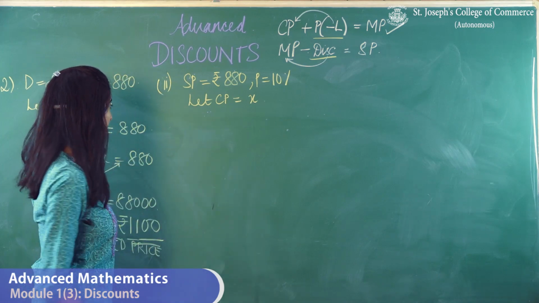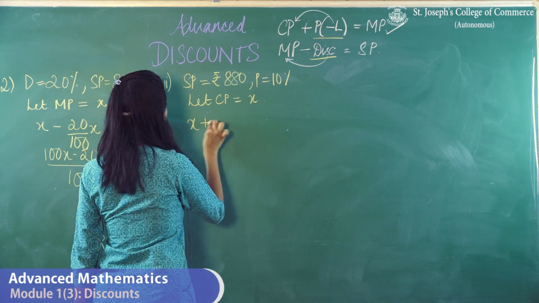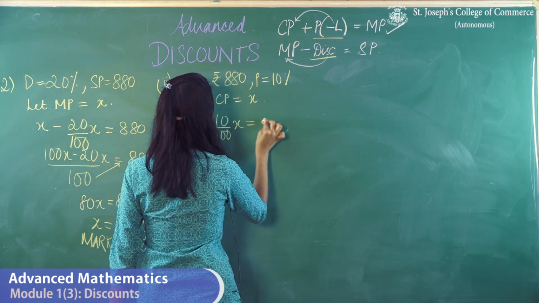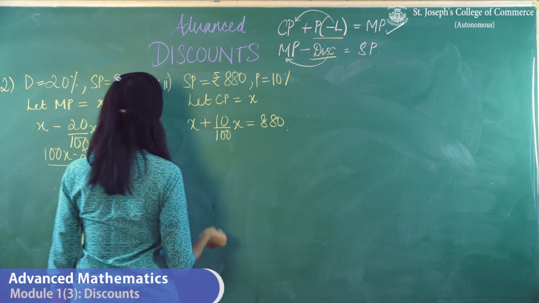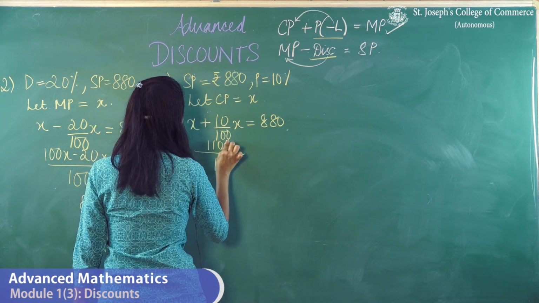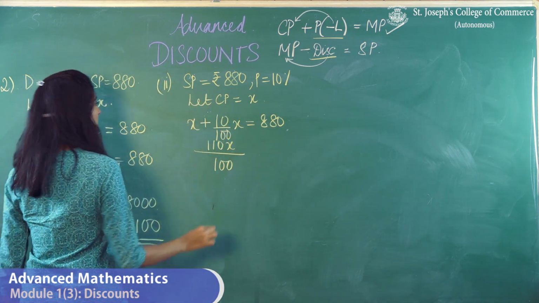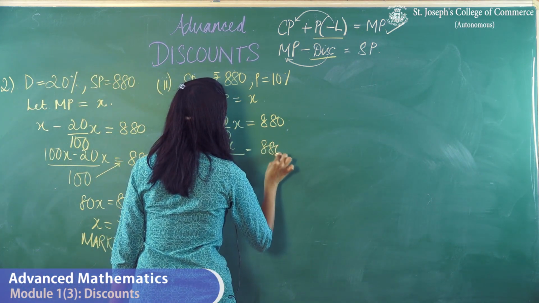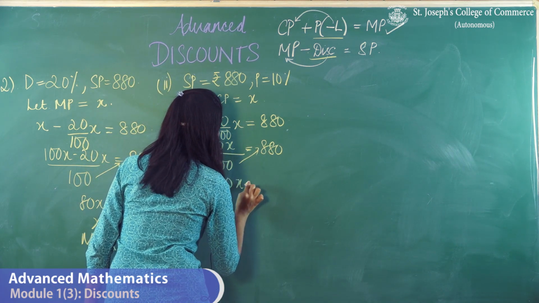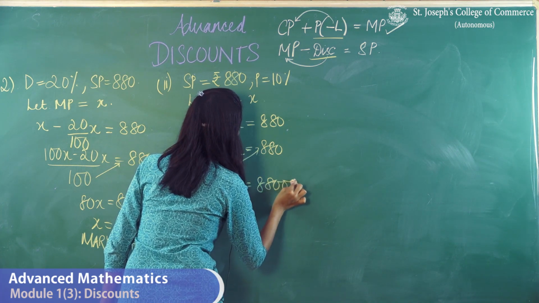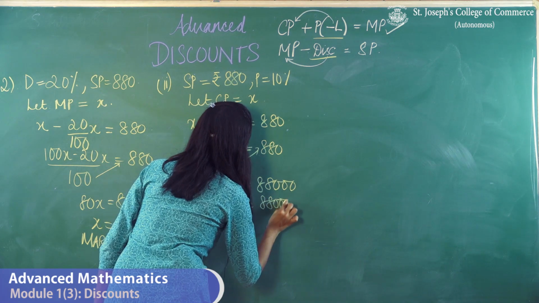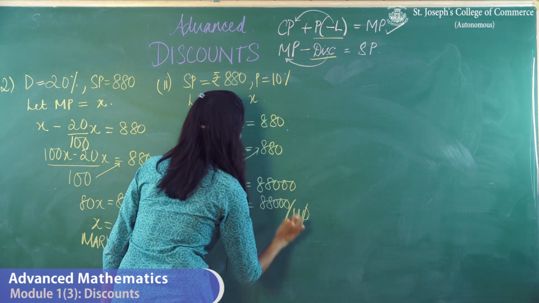If CP is X, cost price plus 10% of profit on his cost price is equal to 880. Taking the LCM as 100, you get 110x because it's 100x plus 10x is equal to 880. Taking 100 to the other side, you get 110x is equal to 88,000. X is equal to 88,000 divided by 110.